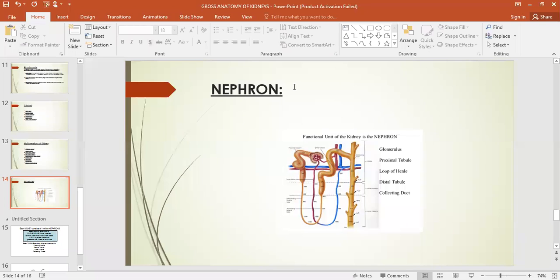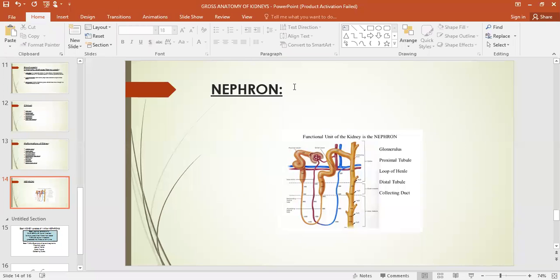These are the filtration unit of the kidney. Okay, nephrons. So this is all about the gross anatomy of the kidney.